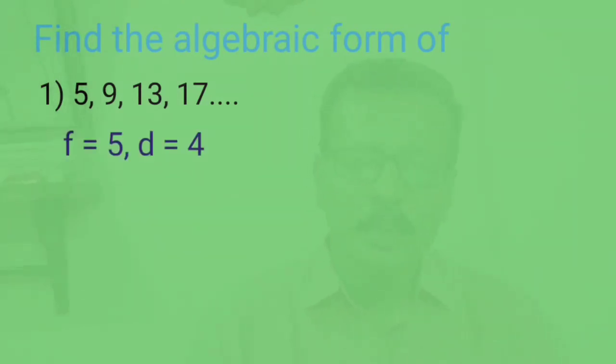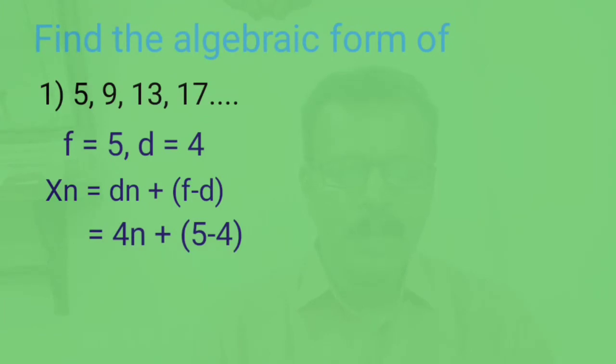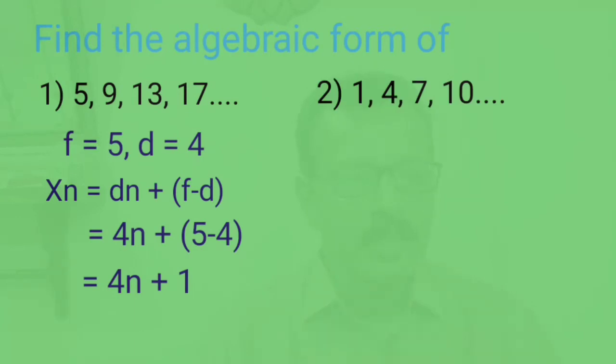So the algebraic form xn is equal to, yes, what is it? dn plus f minus d, that is equal to 4 into n plus 5 minus 4, that is equal to 4n plus 1. You can check it by substituting the values of n here. The first term is 4 into 1 plus 1, 5.